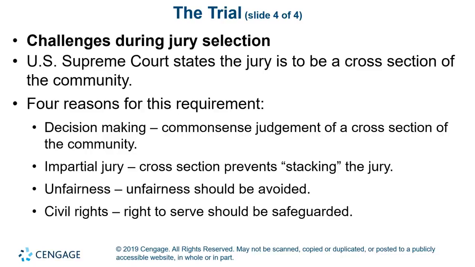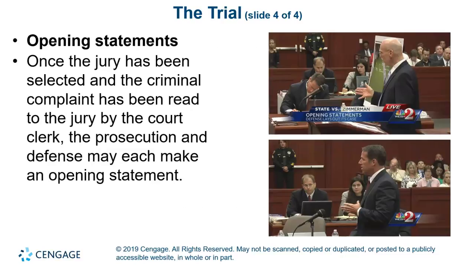An impartial jury: a cross section prevents stacking the jury. Unfairness: that cross section hopefully will have a high level of fairness, so unfairness should be avoided. And then civil rights: the right to serve on a jury should be safeguarded. So all of these different things come into play as it relates to the jury.